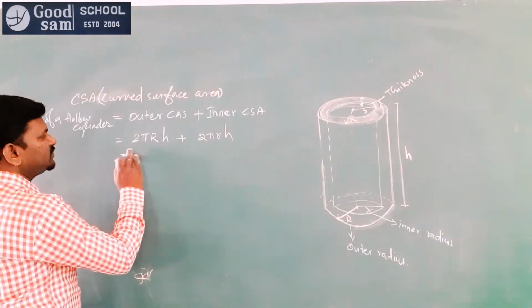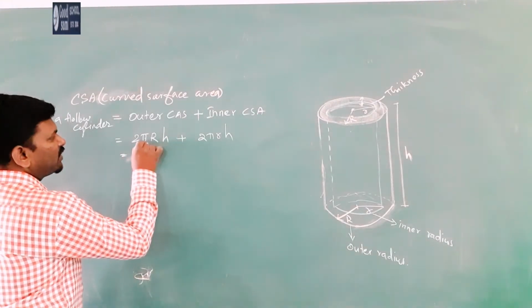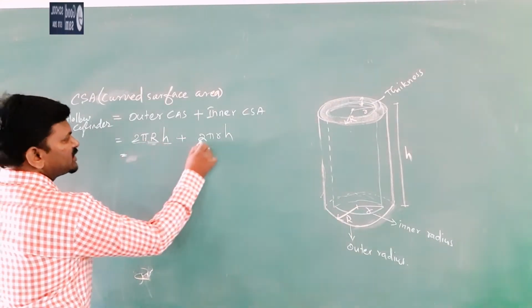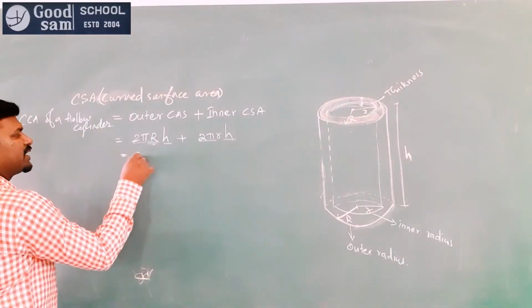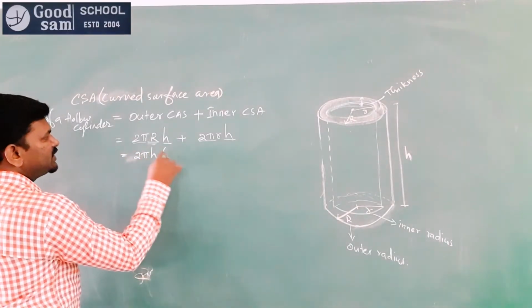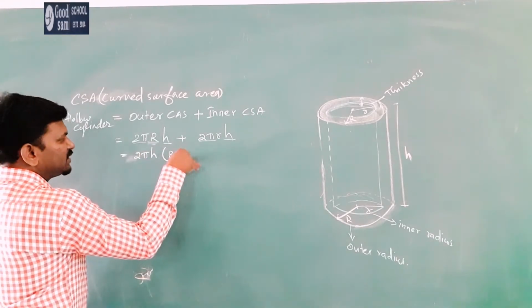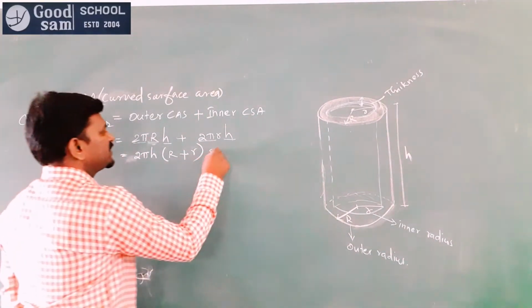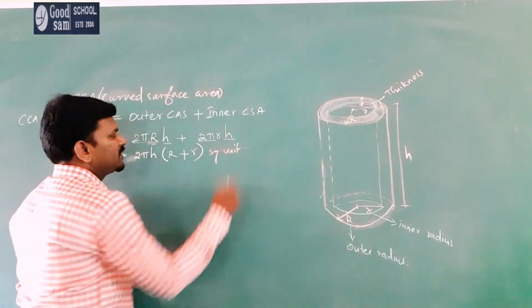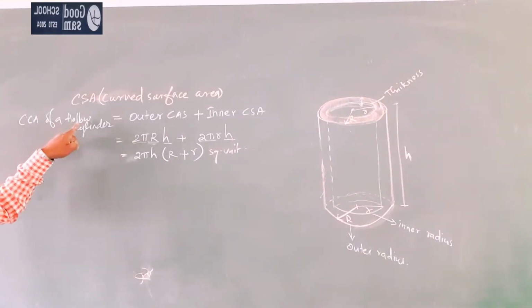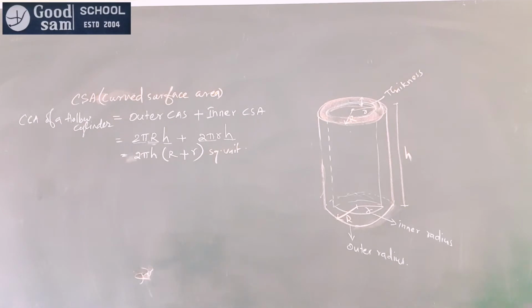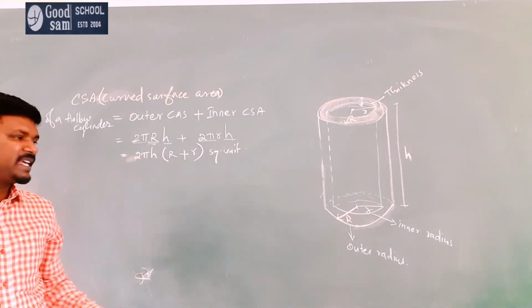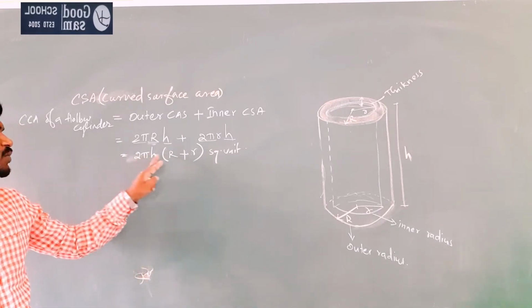So 2 pi h are common factors: 2 pi h into capital R, plus 2 pi r h with the common factor taken out, remaining term r. So this is in square units, the curved surface area of a hollow cylinder: 2 pi h (R + r). For a cylinder it is only 2 pi r h, but for a hollow cylinder two radii will be there.